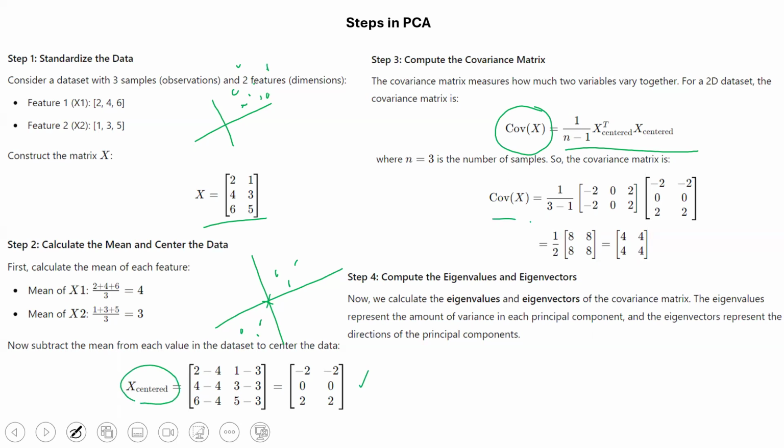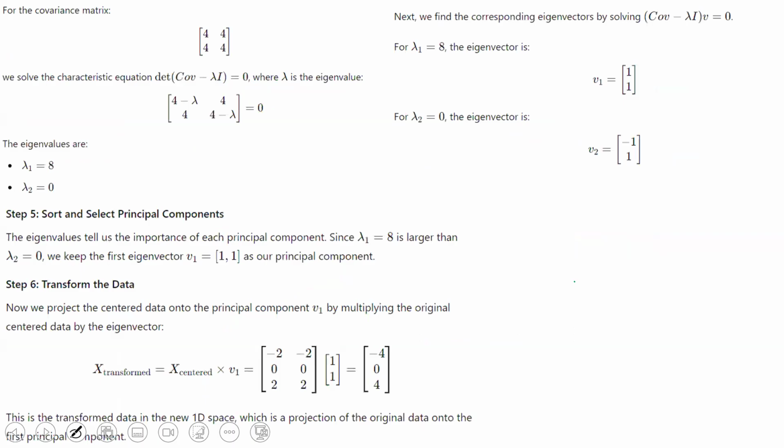From that, we calculate the covariance matrix by just multiplying the transpose with X. Now you got the covariance matrix, and then you calculate the eigenvalues and eigenvectors. These are the eigenvalues for you now, 8 and 0. These are the eigenvectors, v1, v2. So now we got the eigenvectors and eigenvalues.